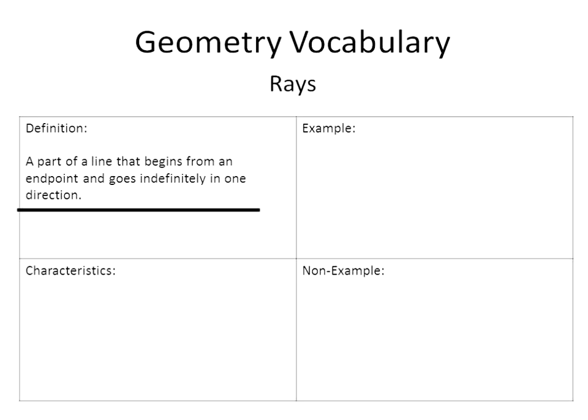It's straight, right? I don't want to put the word line on there because it's not a line, is it? But it is straight. Okay, what else? Yeah, it goes one direction infinitely, right?